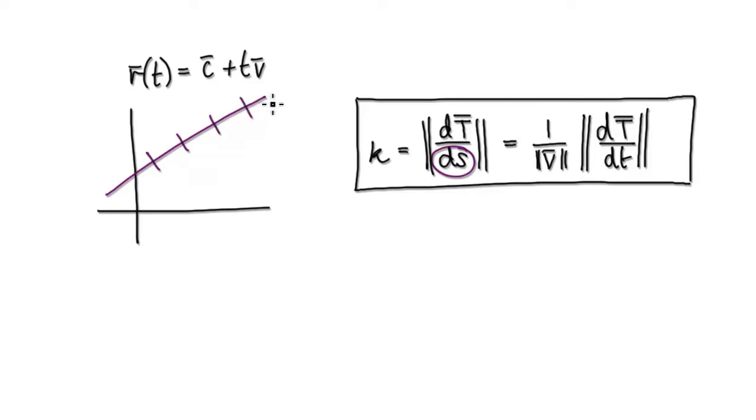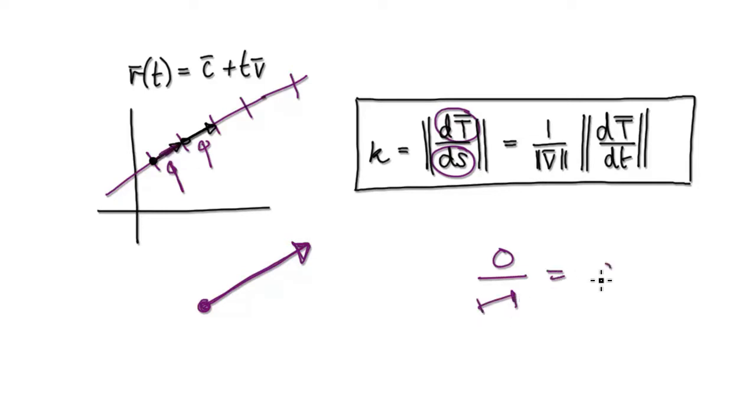In 1 second, the particle travels from here to here, and then in another second, from here to here. So kappa is equal to the change in the unit tangent vector over the change in arc length. This vector looks like this, I'm enlarging it, and this vector here would be exactly the same. So dT would be 0, divided by whatever length this may be. I don't care, but it's going to be 0.